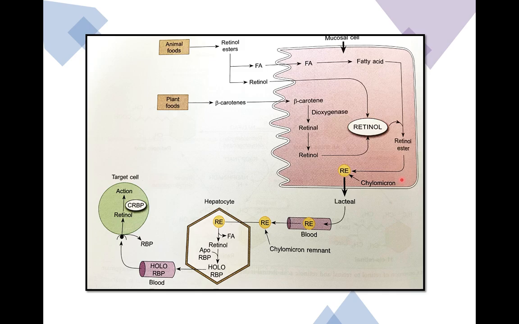After that, from the mucosal cell, this retinol ester will be transported to the liver via blood with the help of chylomicron. Chylomicron is a lipoprotein which helps in transportation of certain lipids or lipid-like compounds such as vitamin A. So chylomicron will take this retinol ester, this RE represents the retinol ester, then via blood it will go into the liver.